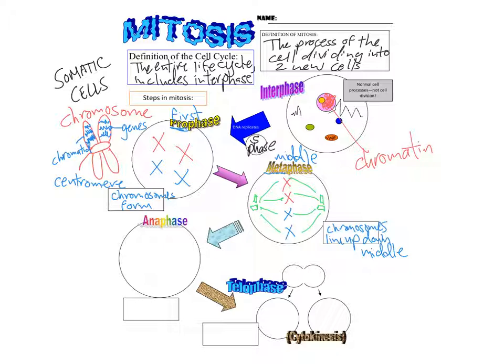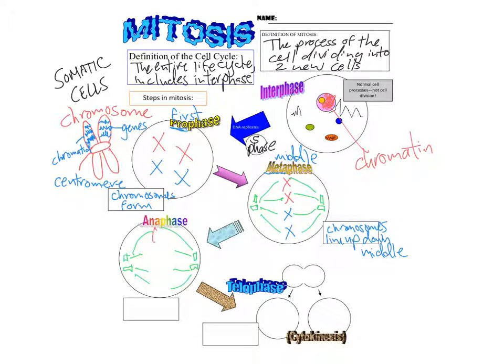Okay, anaphase is the next phase. And in anaphase, the centrioles actually pull those chromosomes apart. So they kind of look like little parentheses now. So let's draw these little microfilaments.